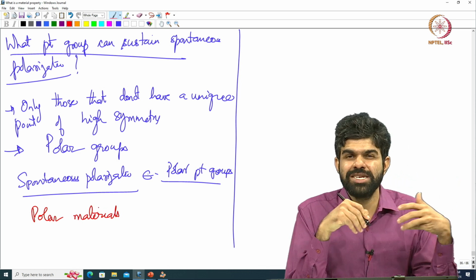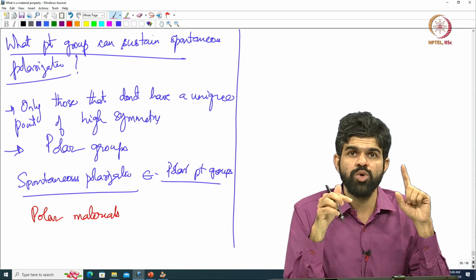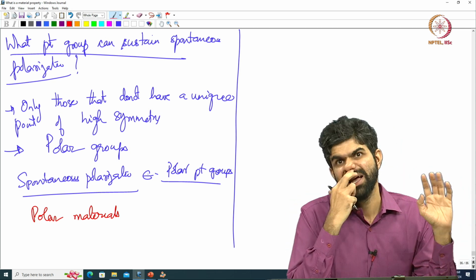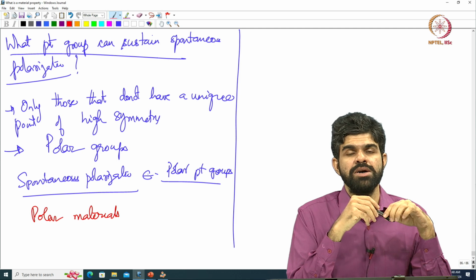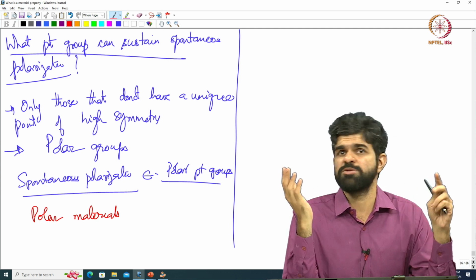So, by definition, the strict crystallographic definition, polar materials only have a polar axis, that is it, or a polar point group, right. However, it turns out that all these materials can actually sustain some spontaneous polarization.